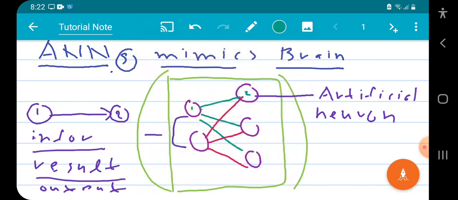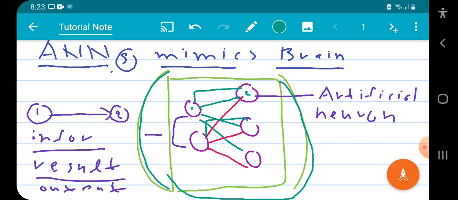This is the structure of an artificial neural network, and in this structure you can see some circles. Each of these circles represents an artificial neuron, and you can also see that they are connected by some lines. These lines are there to pass or output information from one neuron to the other.